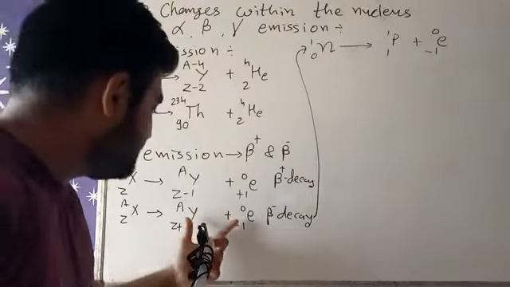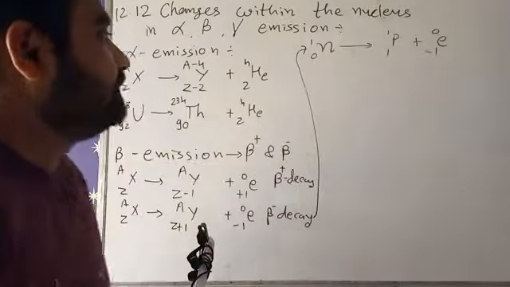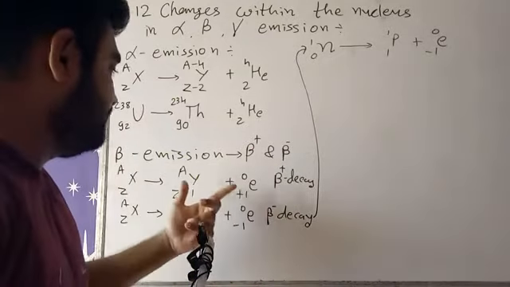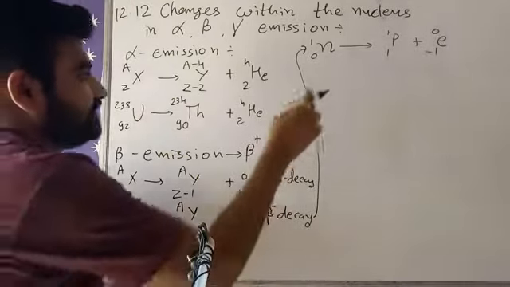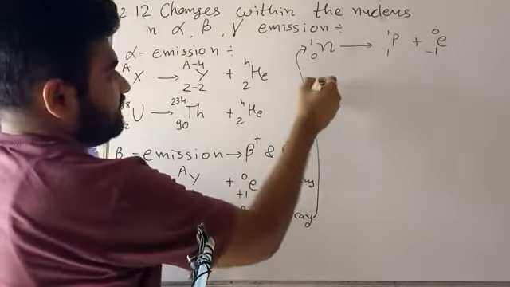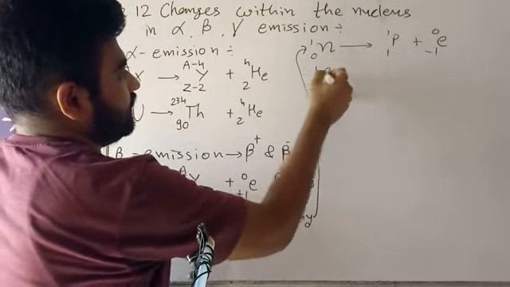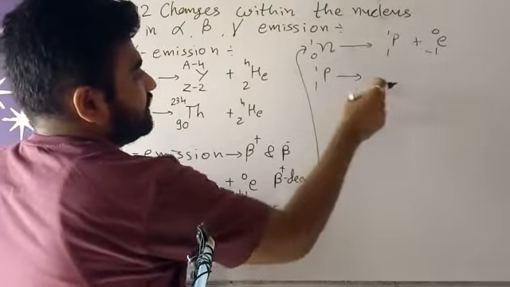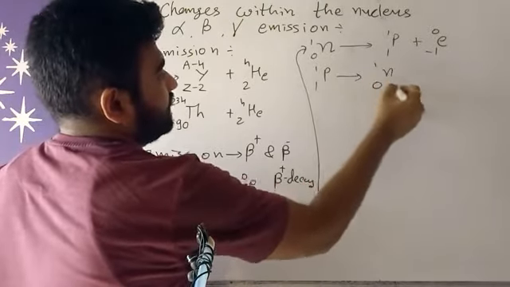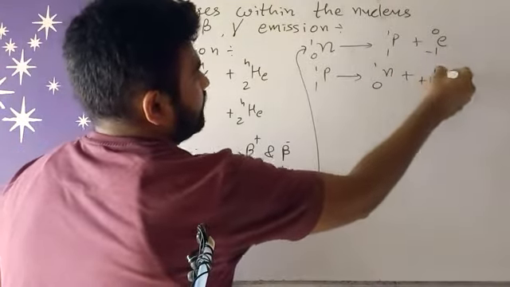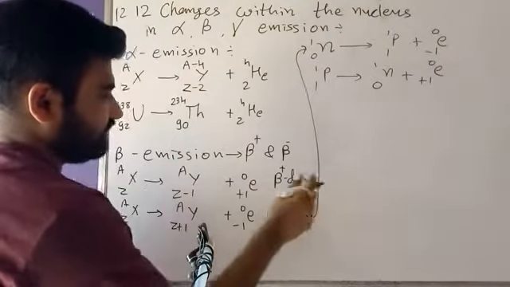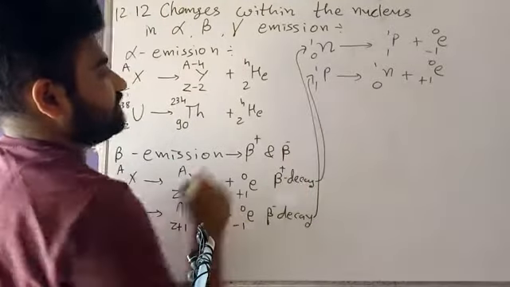Behind this reaction, this actually occurs. And for beta plus decay, we have a proton 1 giving a neutron 0, 1 plus a positron. So behind this equation we actually have this equation.